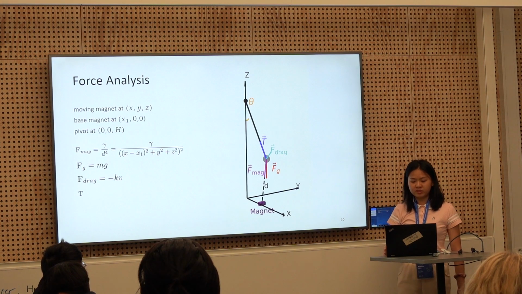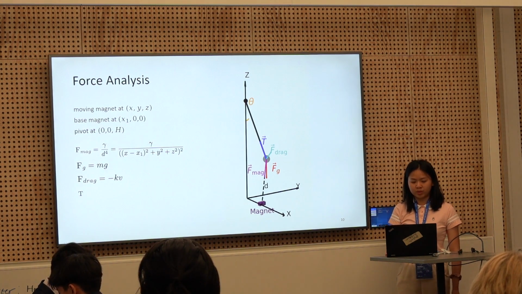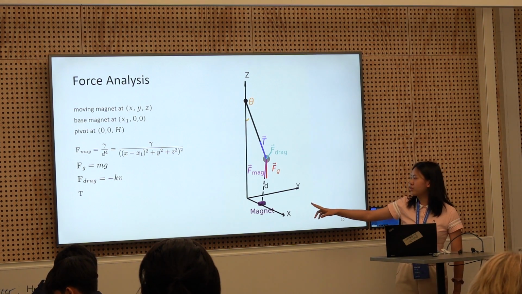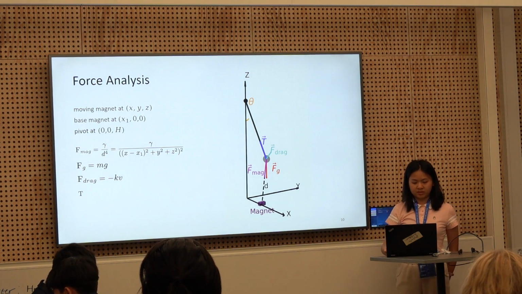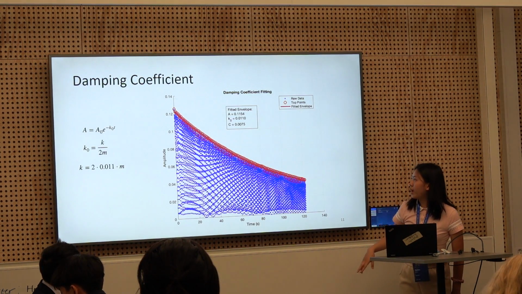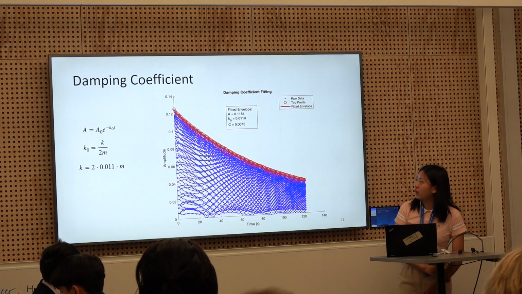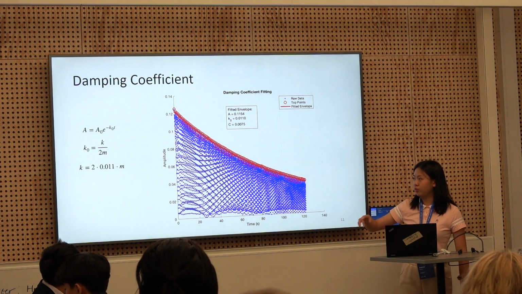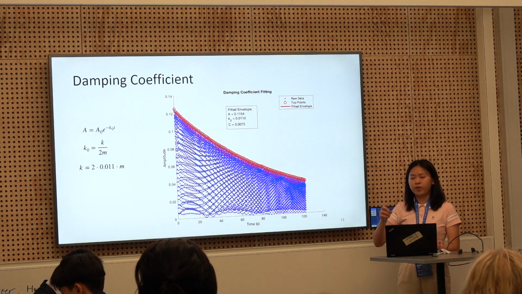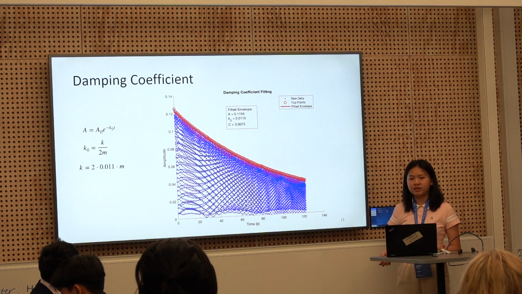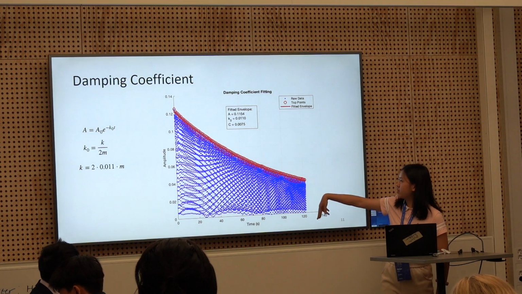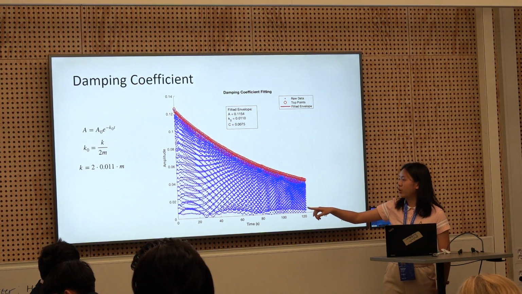There are some other forces applied on the moving magnet, which is the gravitational force, mg downward, and there's also a drag force, which we denote as negative kv. And by doing an experiment, we are getting the damping coefficient, which is k. So we did a simple pendulum without any base magnets added, and we analyzed the data. We fit all the amplitude points into a curve, and then we get the damping coefficient k.